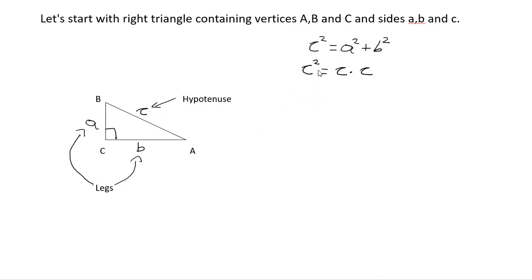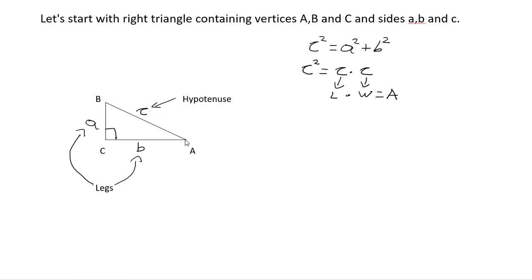But where does this c squared come from? I'm going to point this out and explain it, so you'll know it from this point on. C squared is an area, which is length times width. So if this is the length and this is the width, length times width gives me what? It gives me area. But where is this area? Look at this image. If you have this side, let's call that the length.